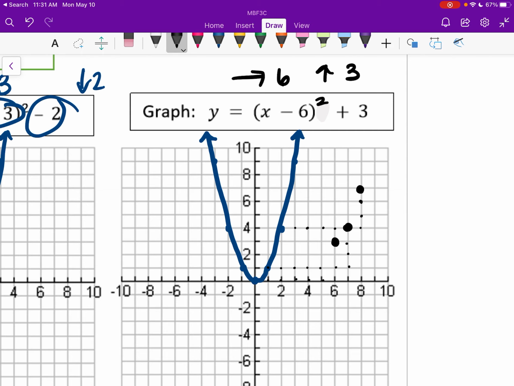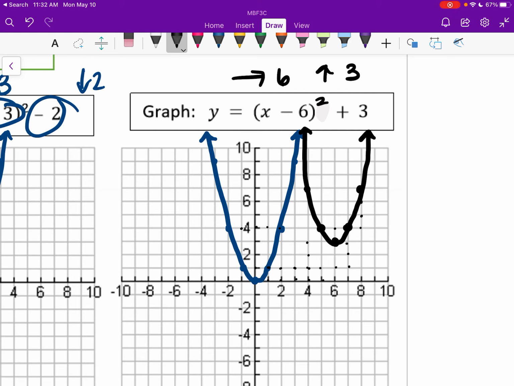And then same with this one. 1, 2, 3, 4, 5, 6. Up 3, 1, 2, 3. Right, same here. 1, 2, 3, 4, 5, 6, and then up 3. Right, oops, sorry. 6, right there. So it'll look something like this, my new graph.